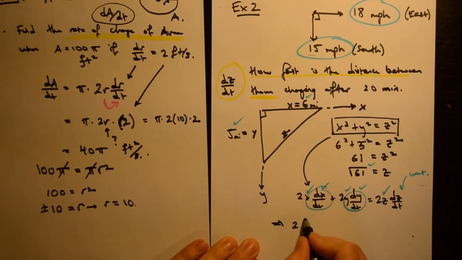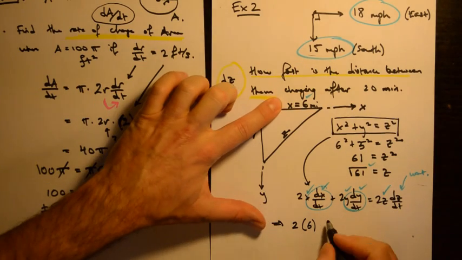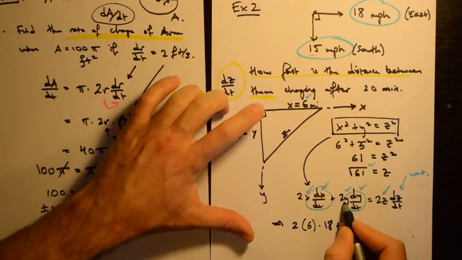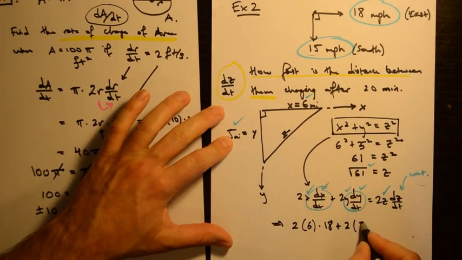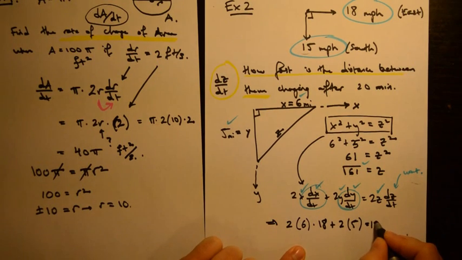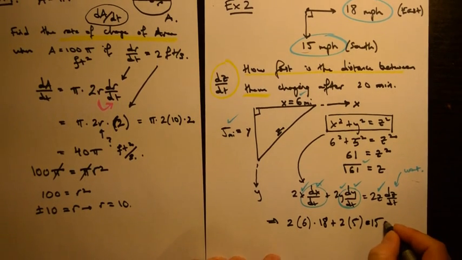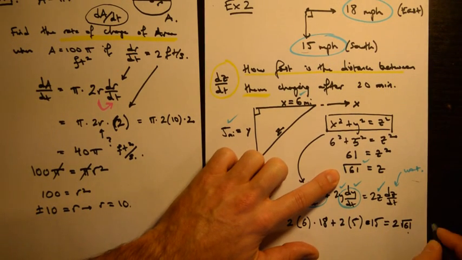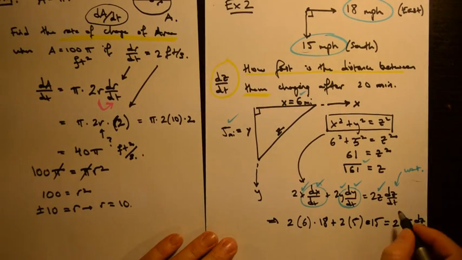Basically, it's just going to be 2 times x, which is 6, times dx/dt, which is 18, plus 2 times y, which is 5, times dy/dt, which is 15, is equal to 2 times the square root of 61 times dz/dt. So we want to solve for this quantity right here.